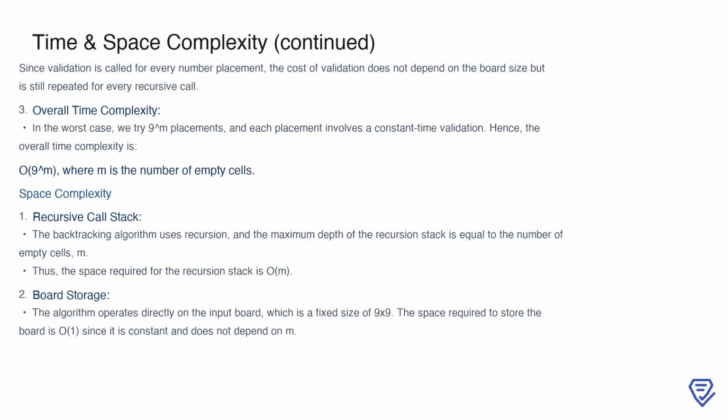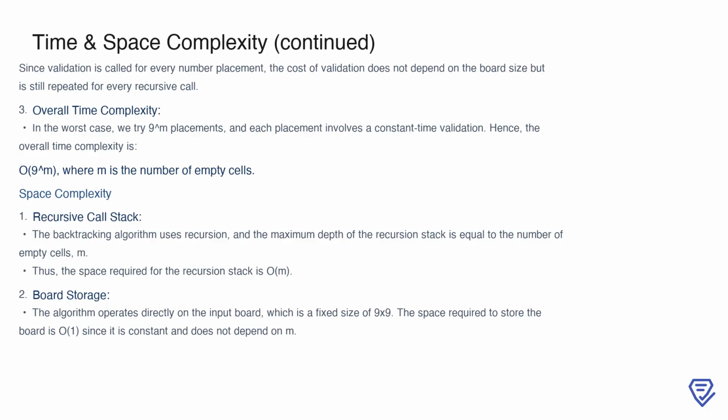Moving to space complexity, we start with the recursive call stack. Since the backtracking algorithm relies on recursion, the maximum depth of the stack corresponds to the number of empty cells, m. This means the space required for the recursion stack is m. Additionally, the algorithm operates directly on the input board, which is a fixed 9x9 structure.